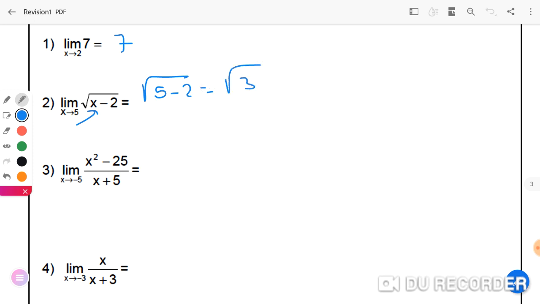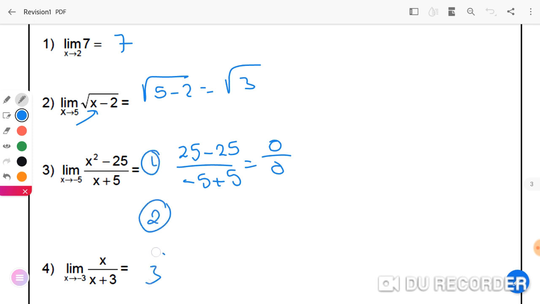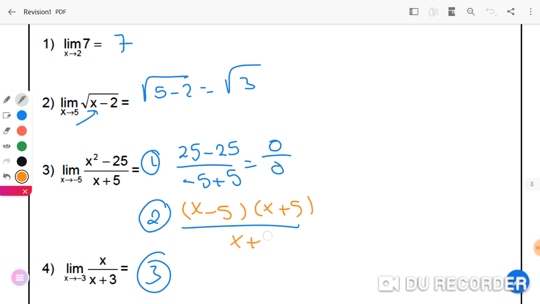This one I replace first, as I told you before, it will be 25 minus 25 over negative 5 plus 5, it will be 0 over 0, undetermined. In this case I have to continue the other 2 steps. Redefine the function by factorizing, because we have a polynomial. Minus 5, x, I don't have any common factors, that is why I start to factorize x plus 5.